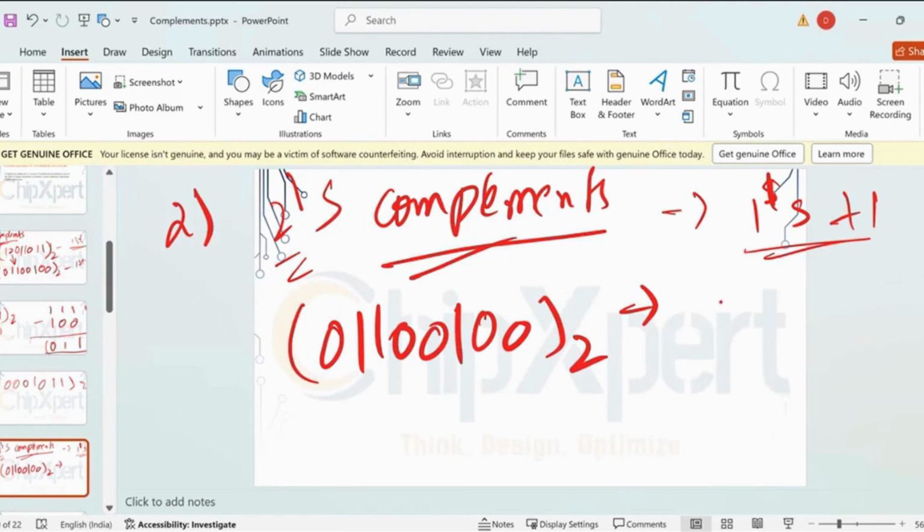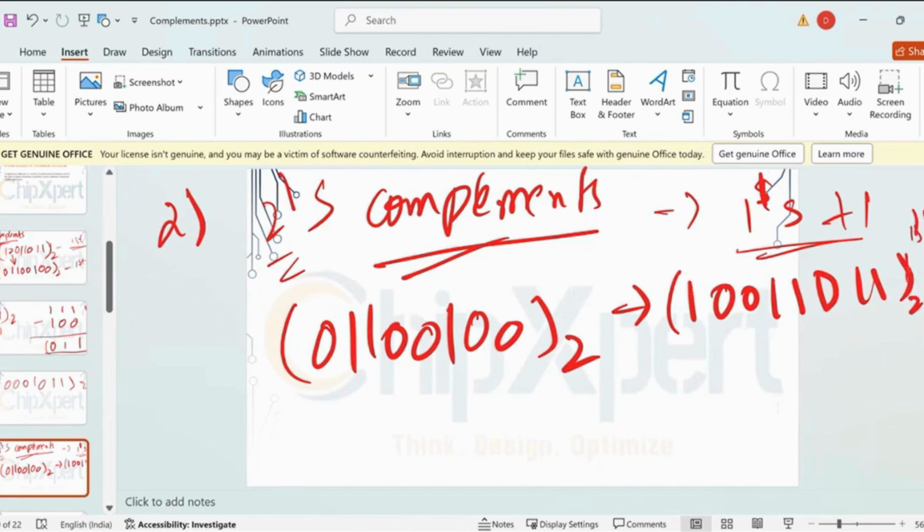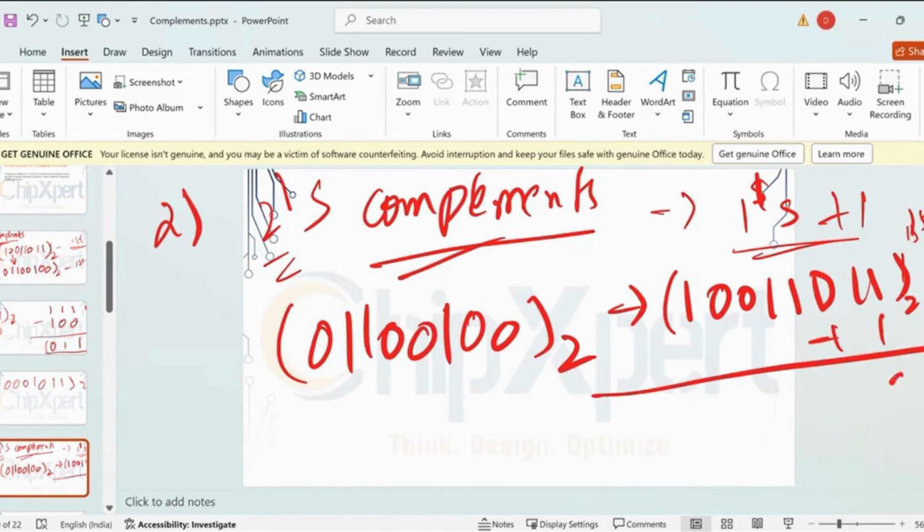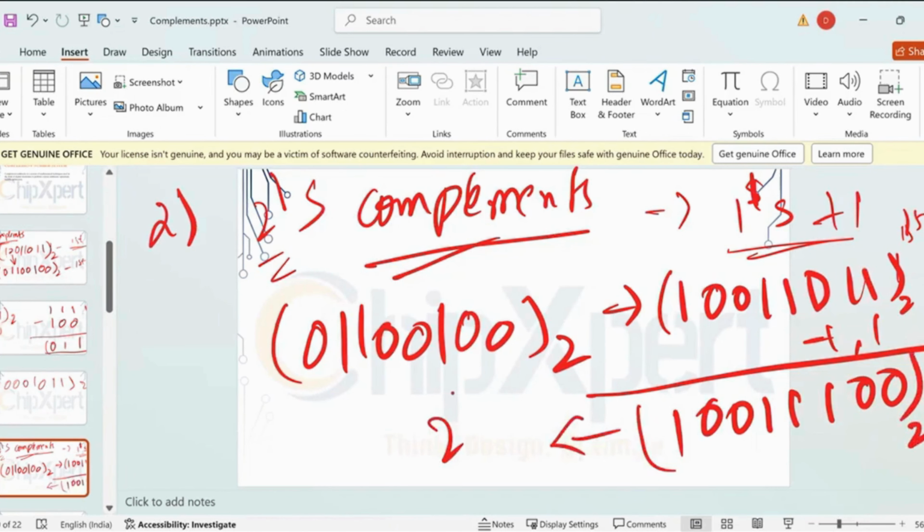So what was the result? 1 0 0 1 1 0 1 1. This is my 1's complement number. If I add 1 to that, what will it become? 0 carry 1, 0 carry 1, 1 1 0 0 1. So this is the 2's complement of the number we have taken.